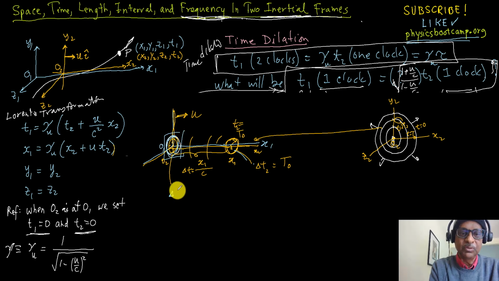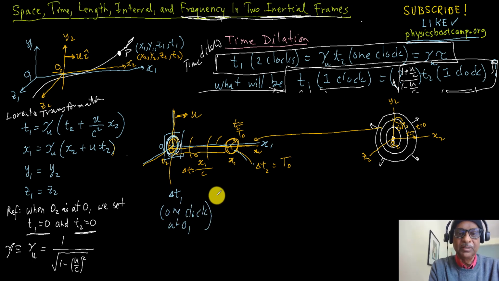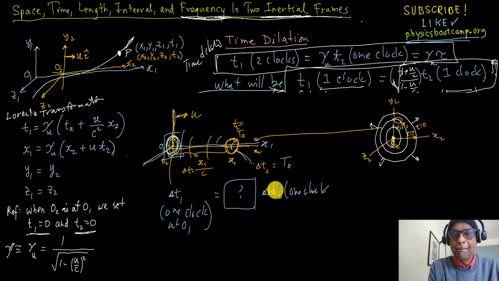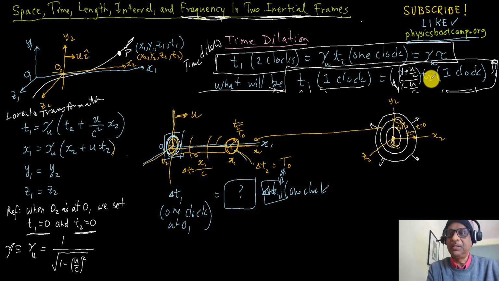So delta t1 at O1 equals somewhat delta t2, one clock, and this will be t0.